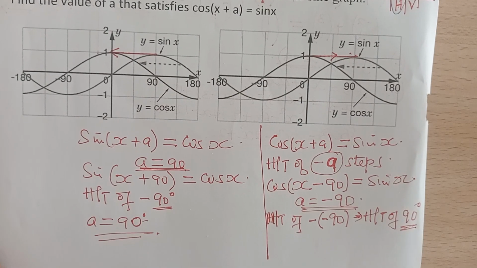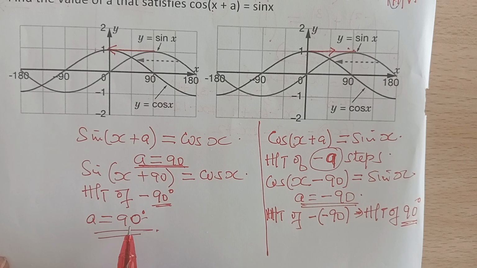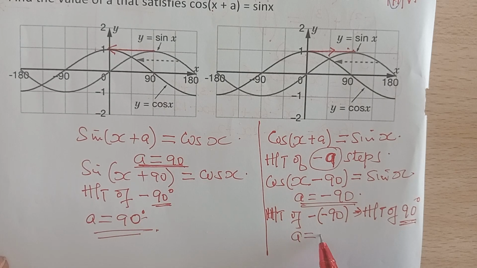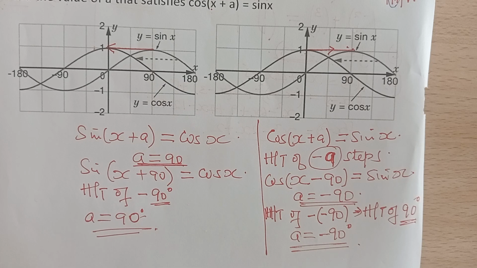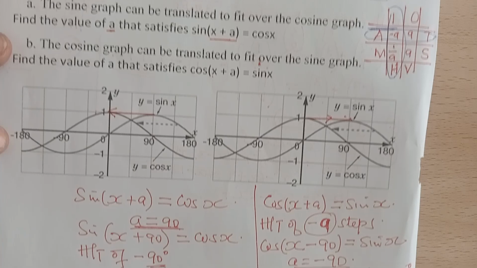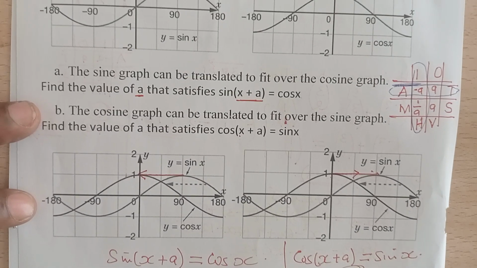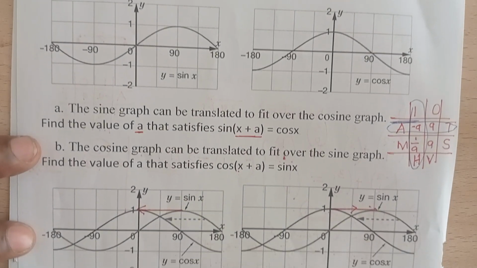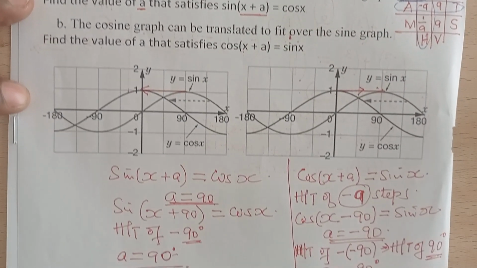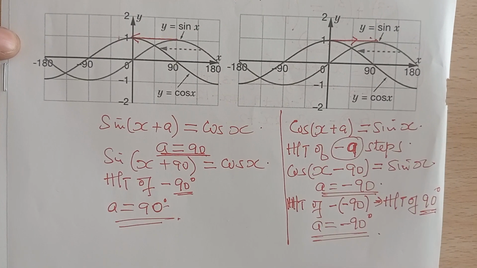So in this case, our A is 90 in part A of the question, and our A is -90 degrees on the second occasion. So that is it. We can only be helped by Mayo to solve that question. It has really done it for us. Let us meet in the next video and see more about translation. Thank you so much.